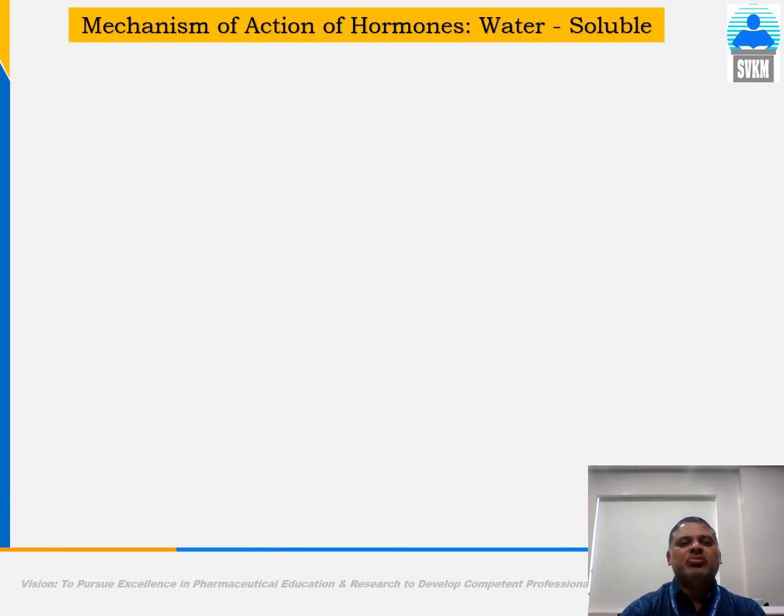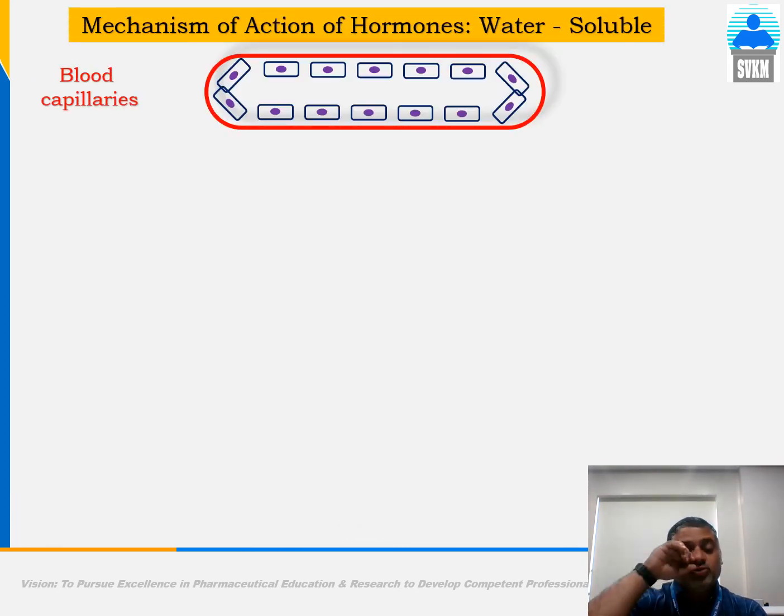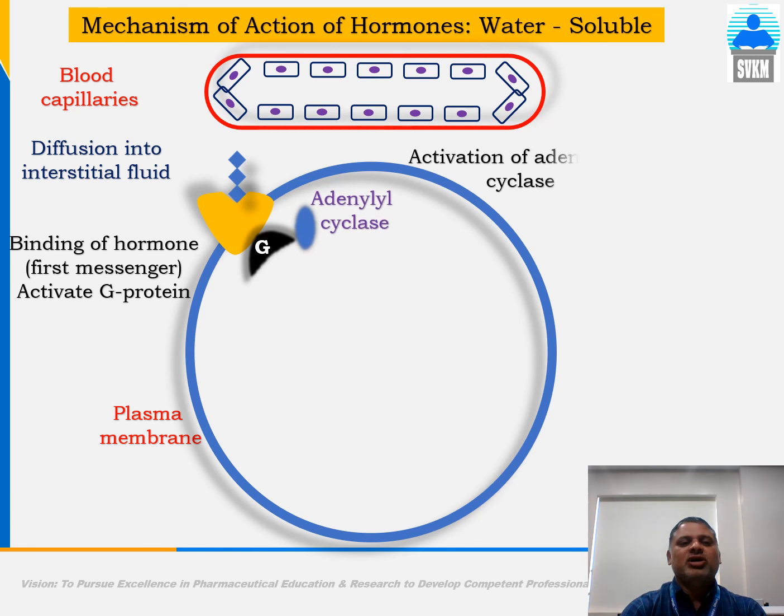Whereas in comparison, the water soluble hormones enter the interstitial fluid and diffuse, and they act on the specific receptor present on the target cell, where they activate the G proteins.